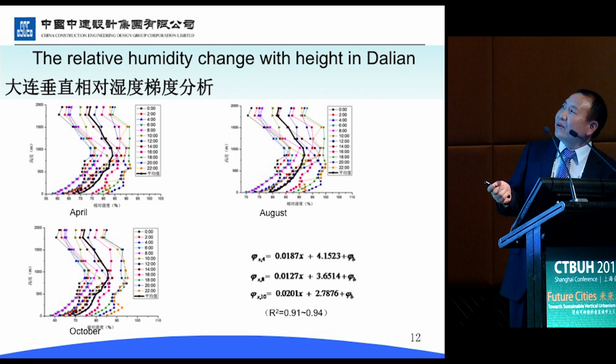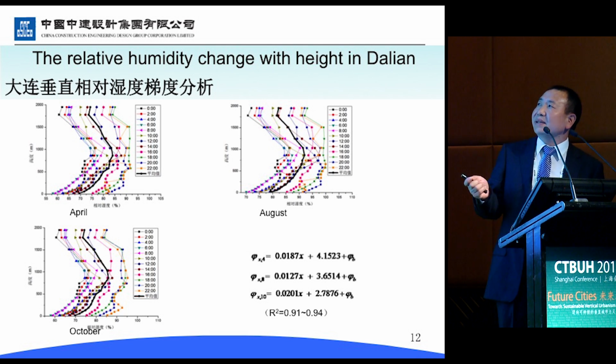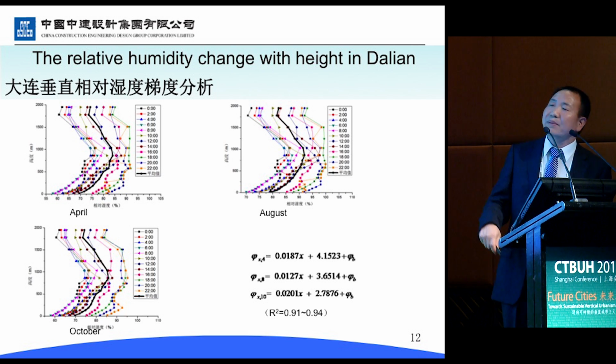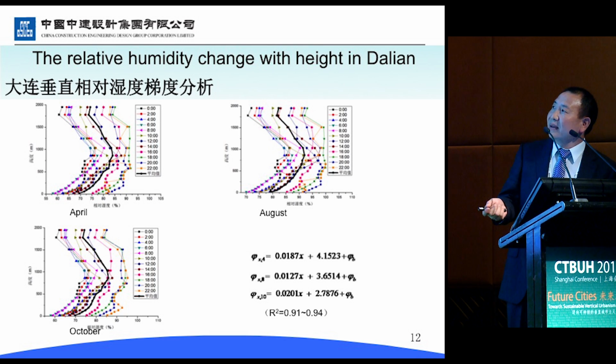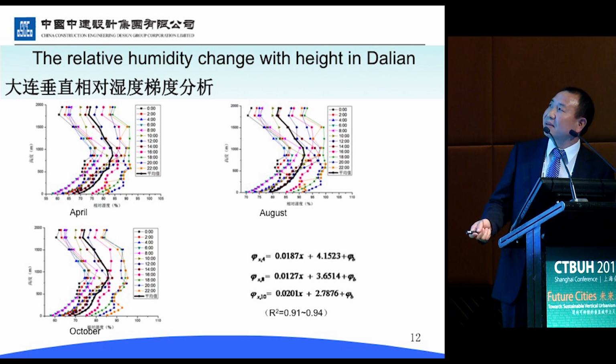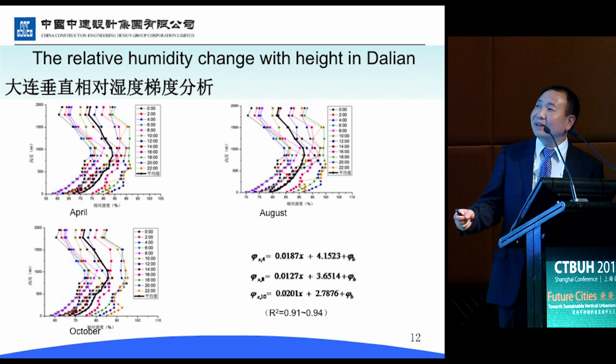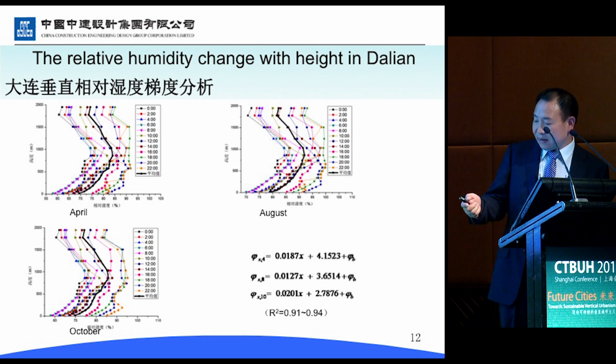Now, these are other months, like in August, the ground affects less. And once you reach 1,000 meter or the 1,200 meter, there will be some changes in terms of the relative humidity. In winter time, the relative humidity remains about 30% to 40%. It is a comfortable zone.